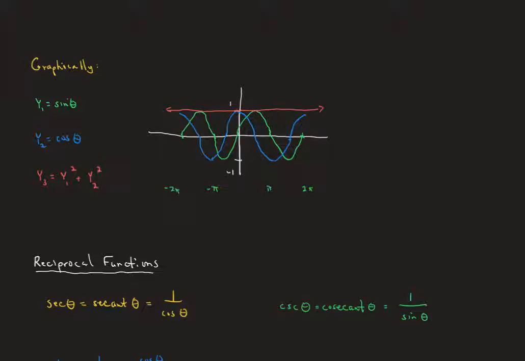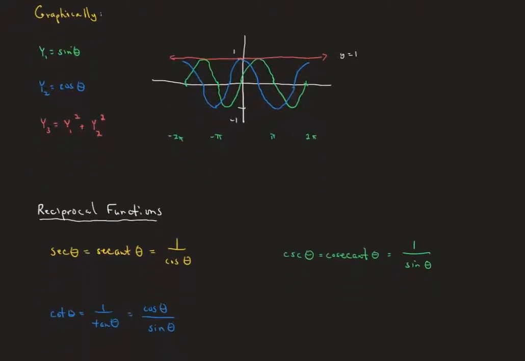You'll get the graph that you see here, where the green curve is the sine curve and the blue curve is the cosine curve, and the red curve, which is always just y equals 1, is that sine squared plus cosine squared. Kind of a powerful little thing to see, I think.